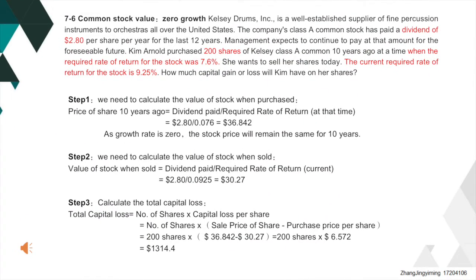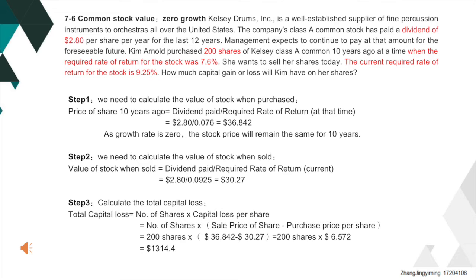The next question is about the common stock value. Kelsey Drums Inc. is a well-established supplier of fine percussion instruments to orchestras all over the United States. The company's Class A common stock has paid a dividend of $2.8 per share per year for the last 12 years, and management expects to continue to pay at that amount for the foreseeable future.